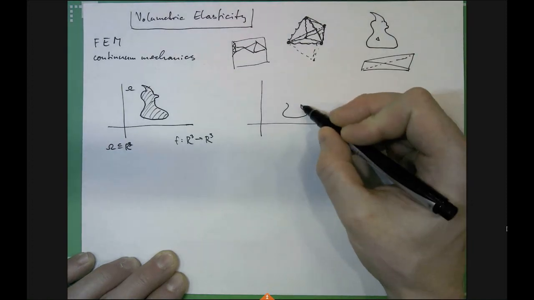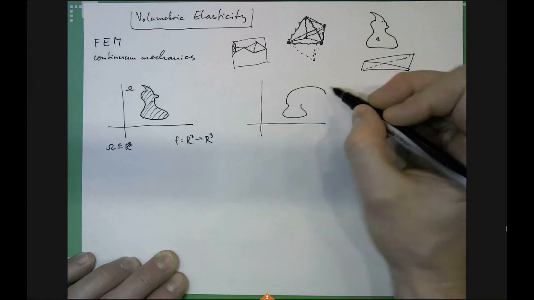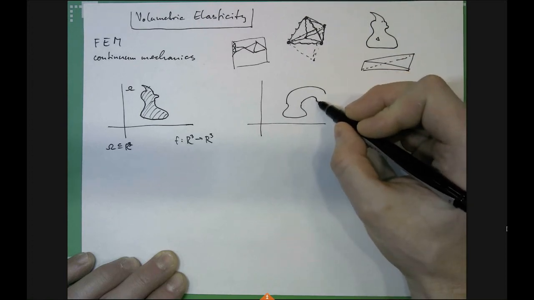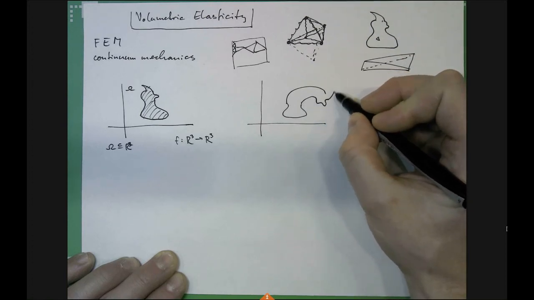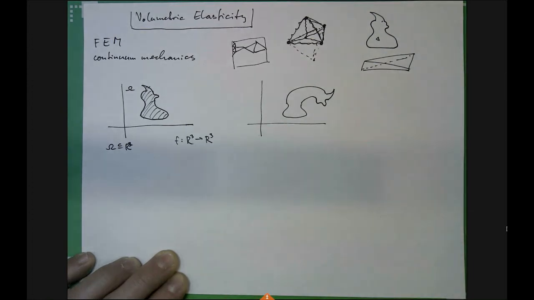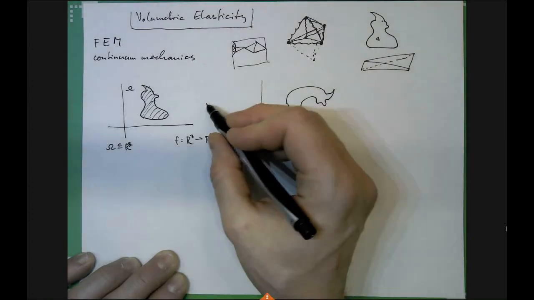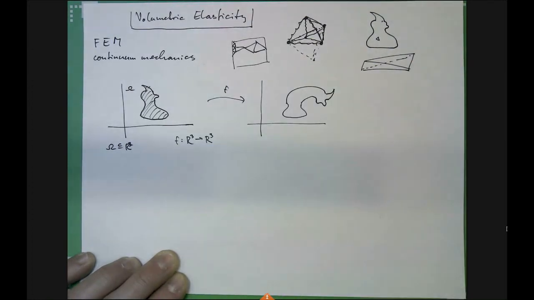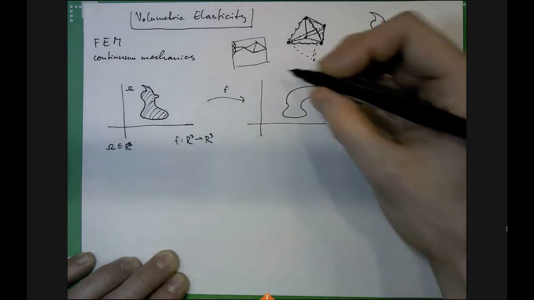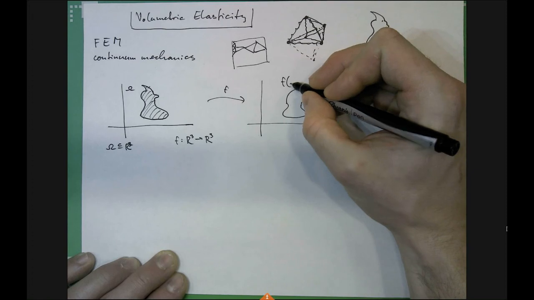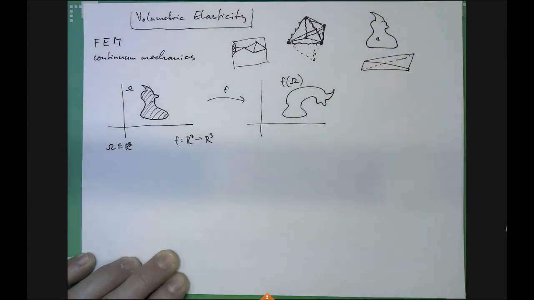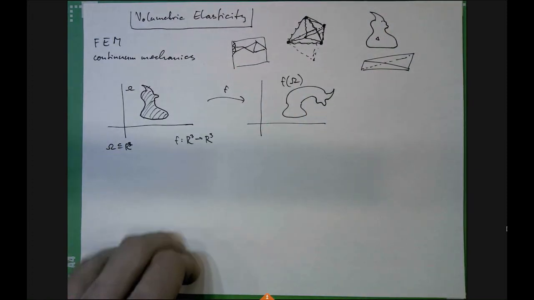So let's say I am torturing this shape, and it's subjected to some deformation. That's what the function f does, right? It takes a point from there, maps it to a point there. So here I get f omega. That's the image of my rest shape, right?